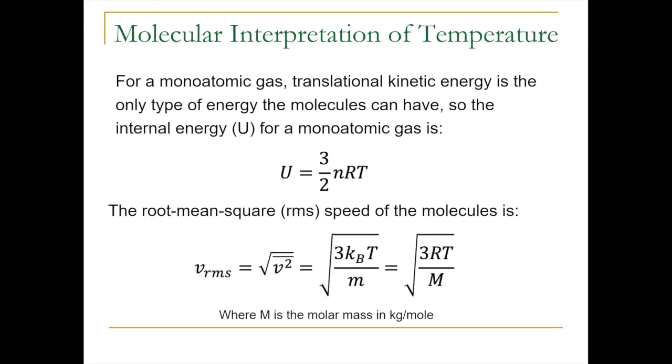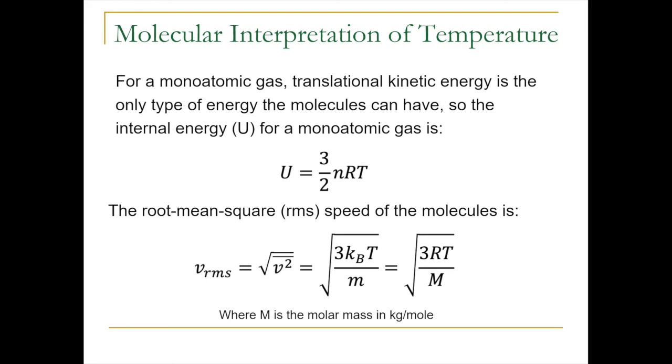One final quantity that's worth mentioning is this idea of the root mean squared speed of the molecules. Simply, we have the average speed squared of the particles. Well, if we take the square root of that, what we end up with is this quantity called the root mean squared, or the RMS speed.